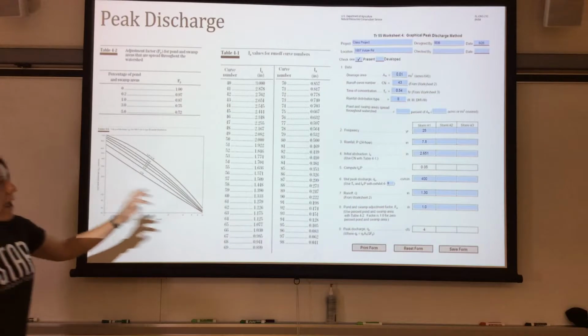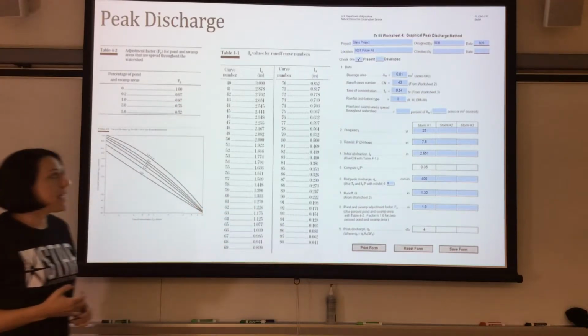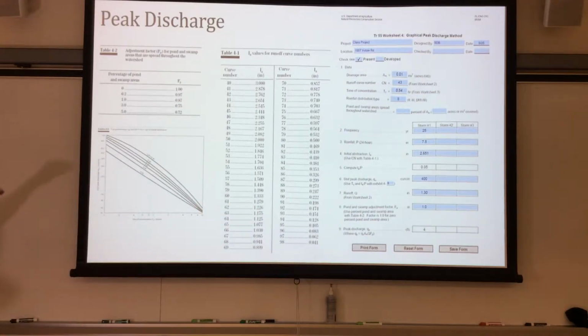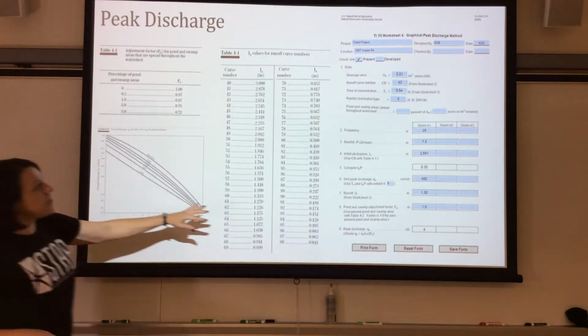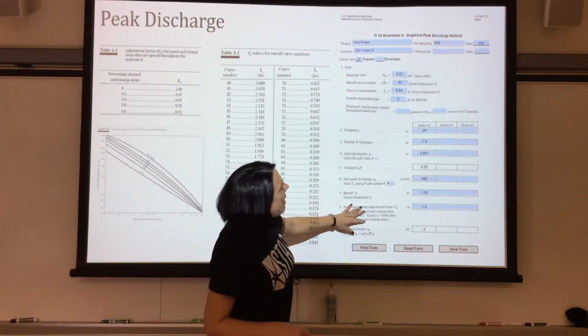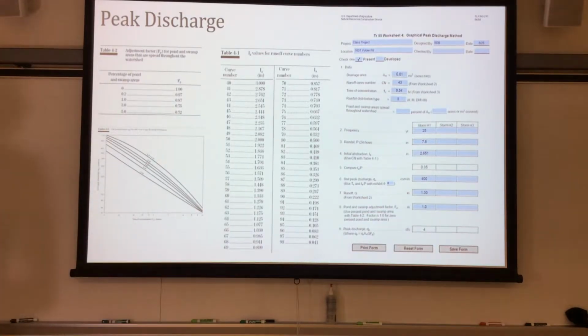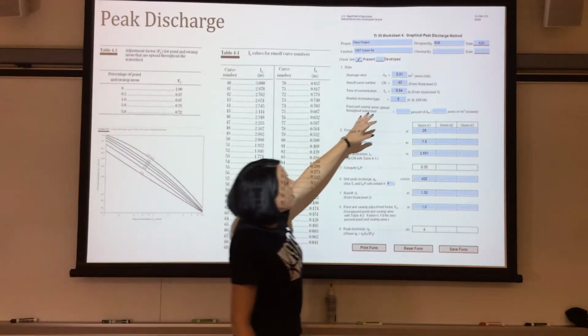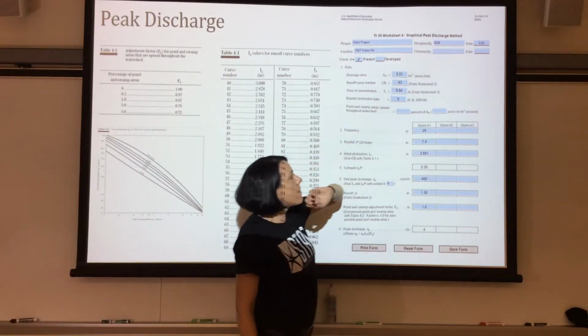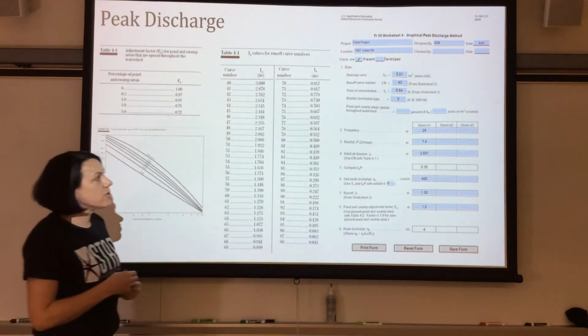Now, the graphical peak discharge method, we're going to be using this sheet here. I think it's FLENG21C, but it actually asks us to input information that has to do with what we've already collected. So we have 5.47, but it wants it in square miles, so divide that by 640.